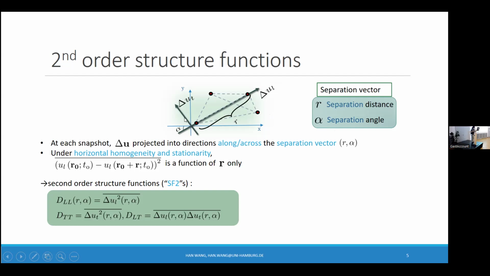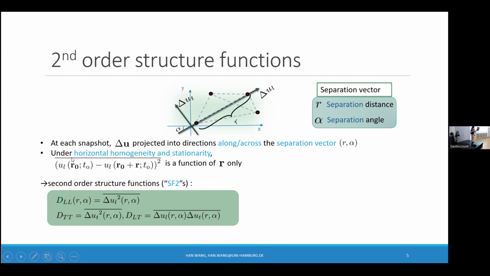You can also decompose the velocity difference from these 2 drifters. This drifter measures a velocity, this drifter measures another one, and you subtract them to get delta U. And you project the delta U vector onto the direction that's along the separation vector and another direction that's across the separation vector.